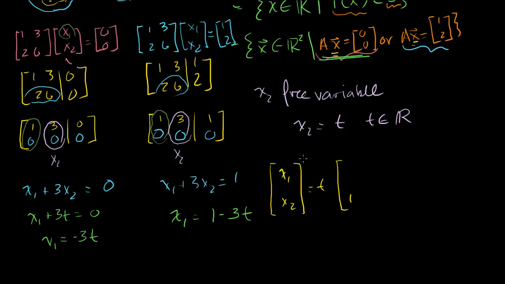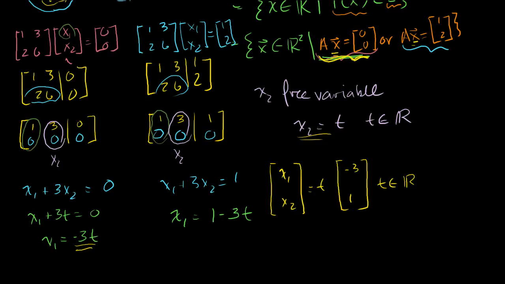I made that definition up here. And then what's x1 equal to? It's equal to minus 3 times t. So if I put a t out here as a scalar, it's just minus 3 times t. So this is the solution for this first equation, where t is a member of the reals. So it's just scalar multiples of the vector minus 3, 1. And if we think of this as a position vector, this will be a line in R2. And I'll draw that in a second. So that's the solution for this first equation.